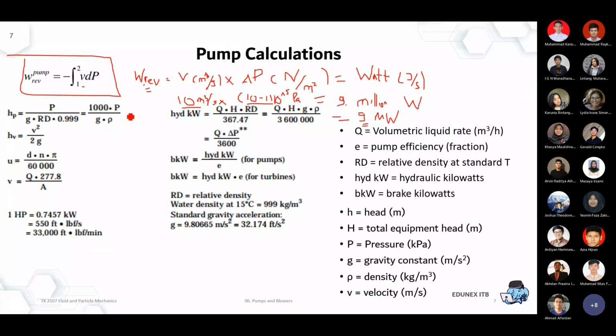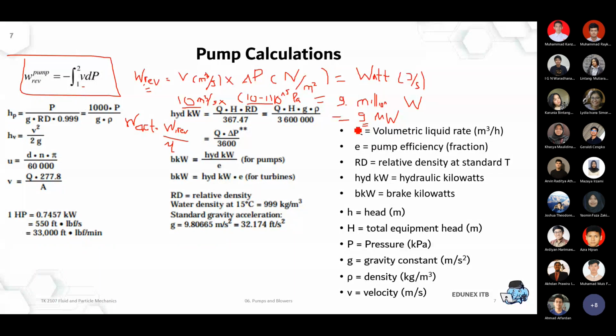If you want to convert it to irreversible, the actual, then you simply divide your reversible, or ideal, by the efficiency. If the efficiency is 75%, for example, then 9 divided by 0.75 gives roughly 12 megawatt.